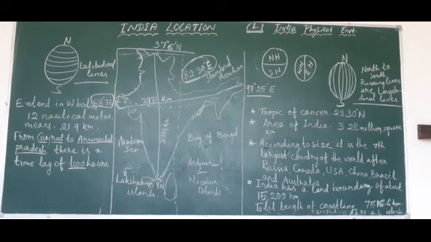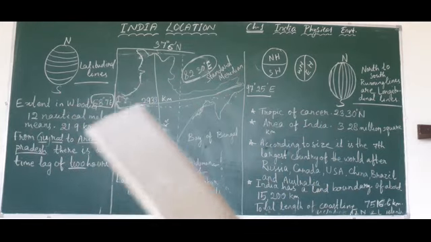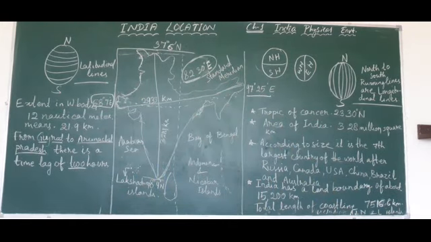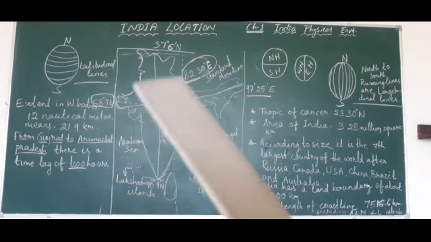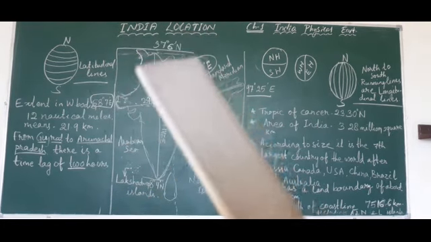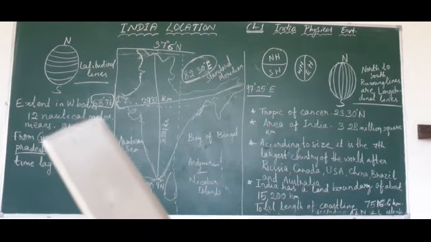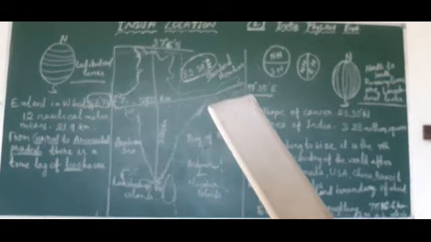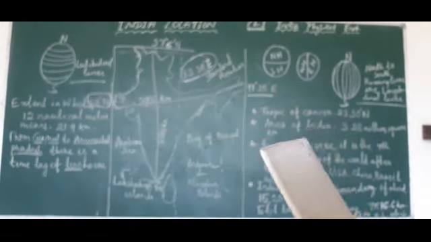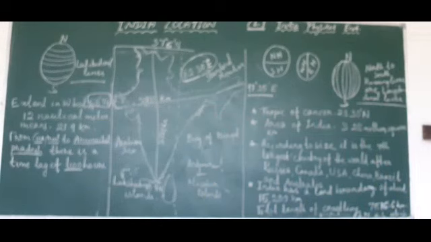So if the question comes, what is the longitudinal and latitudinal extent of India, you have to write: the latitudinal extent of India is 8 degree 4 minute north to 37 degree 6 minute north, and the longitudinal extent of India is 68 degree 7 minute east to 97 degree 25 minute east.